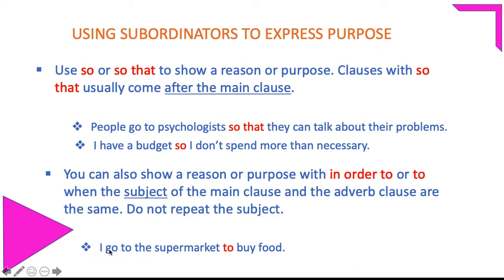So notice that the subject in the first clause is the same as in the second clause, but we're not using it. We had omitted. Why? Because of reducing, because we're reducing the clauses, right?